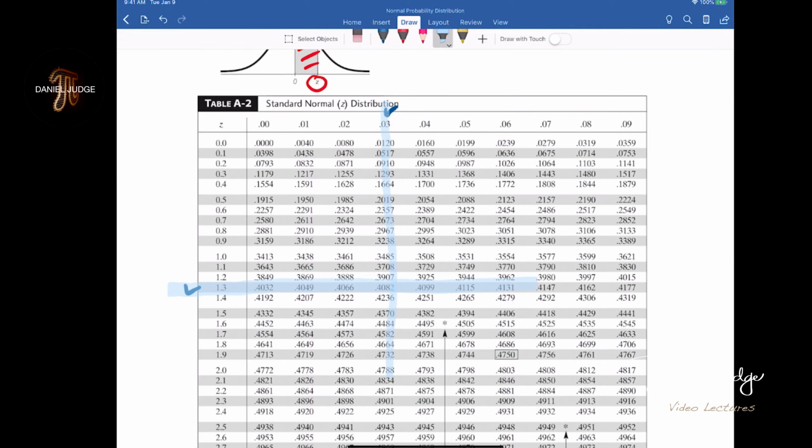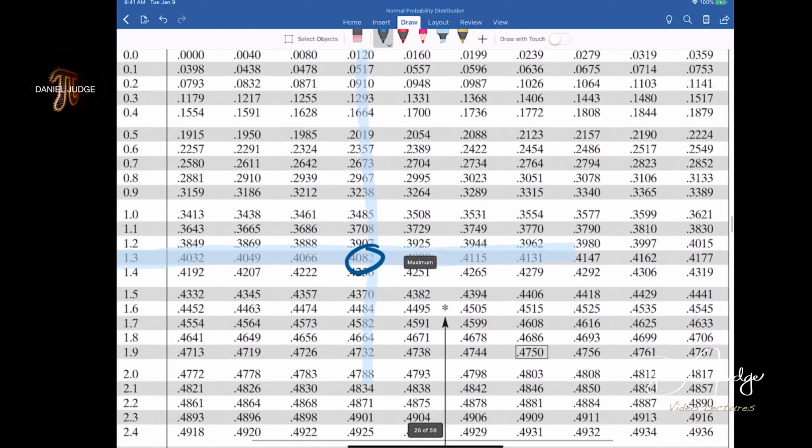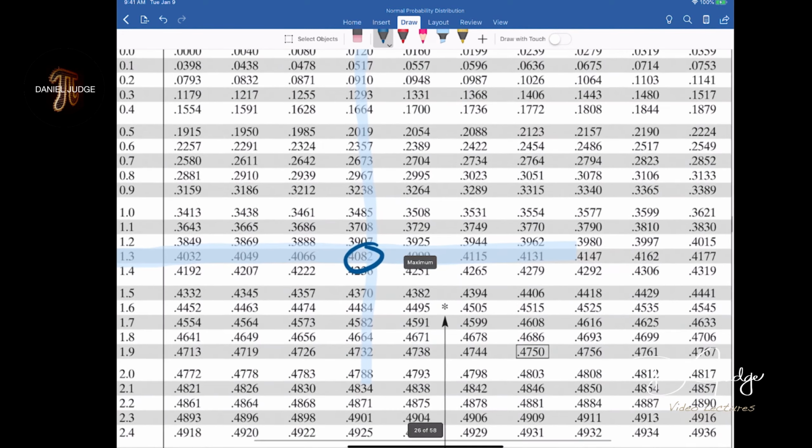I see 4082. Okay, 0.4082 there. So this is 40.82% of the bell that's shaded if we use the z-tables.